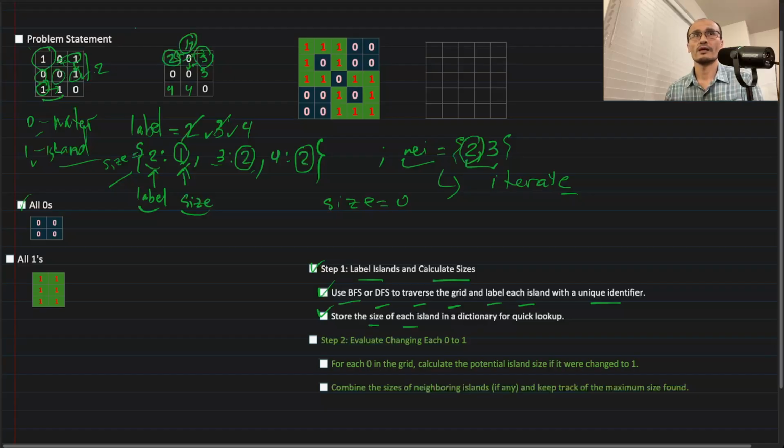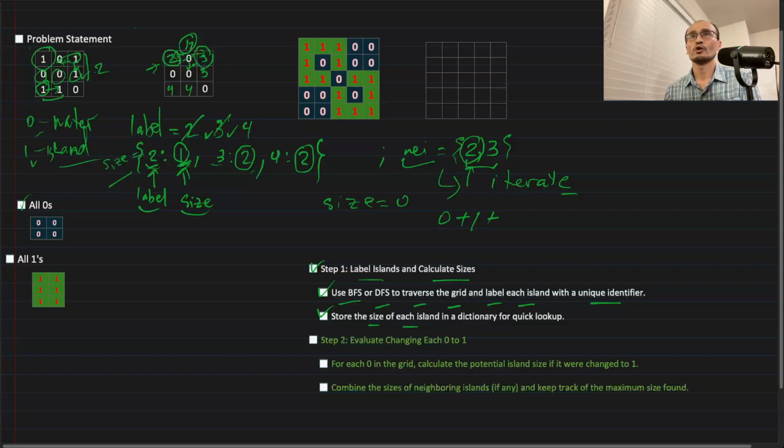We get the value. What's the value? Initially the size was 0. After we check this 2, what's the value of key 2 from the size dictionary? We see it's 1, right? The size of this island is 1.